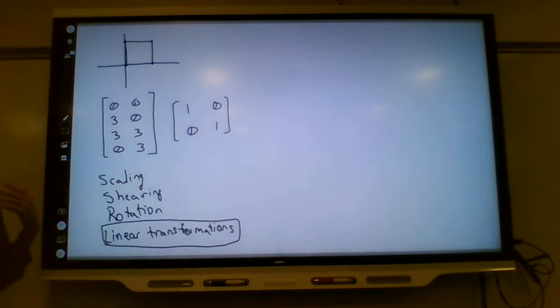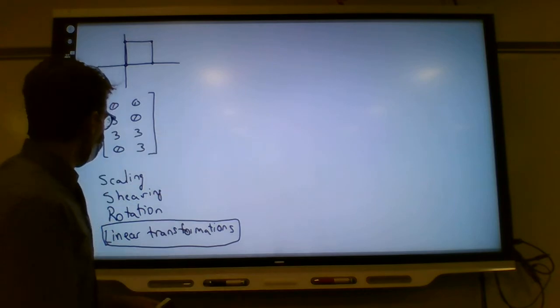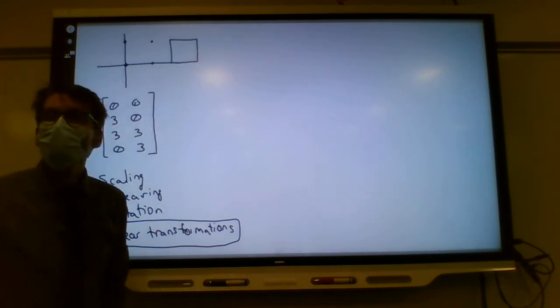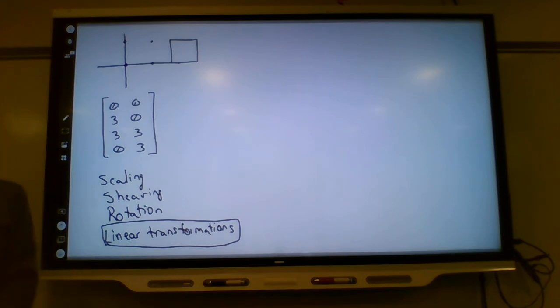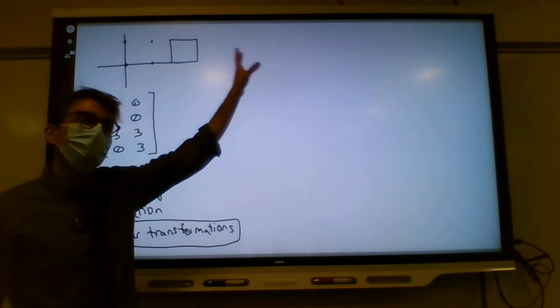So what happened when we tried to scale something, for instance, that was over here? When we tried to scale something that was over here, it stretched, but it also moved it.